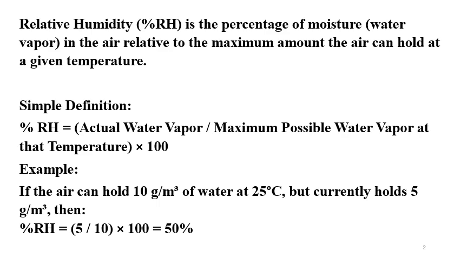If the air can hold 10 gram per meter cube of water at 25 degrees Celsius, but it currently holds 5 gram per meter cube, then percent RH is equal to 5 divided by 10 into 100, that is 50%. That means 10 gram will be the 100%, and if it is containing 5 gram, it is 50%. So depending on that, the RH can be calculated.